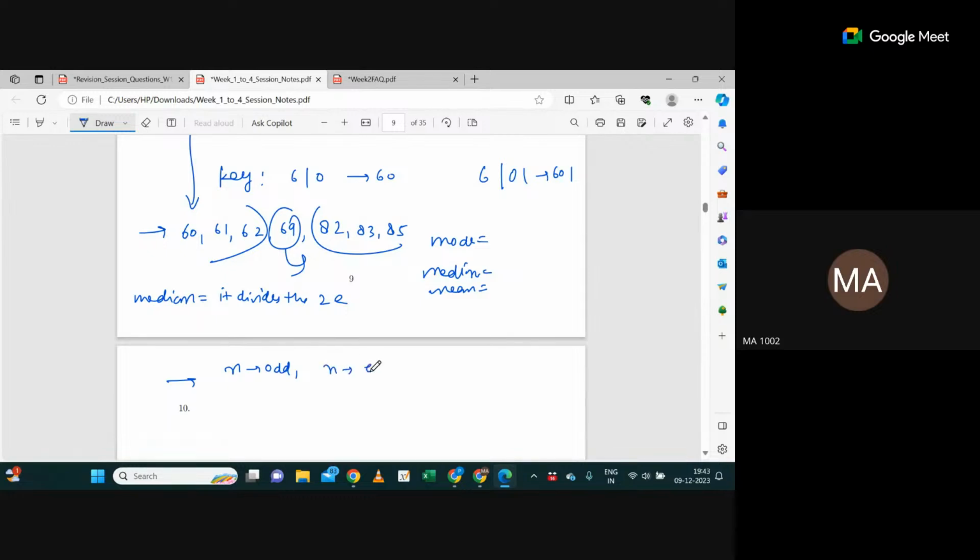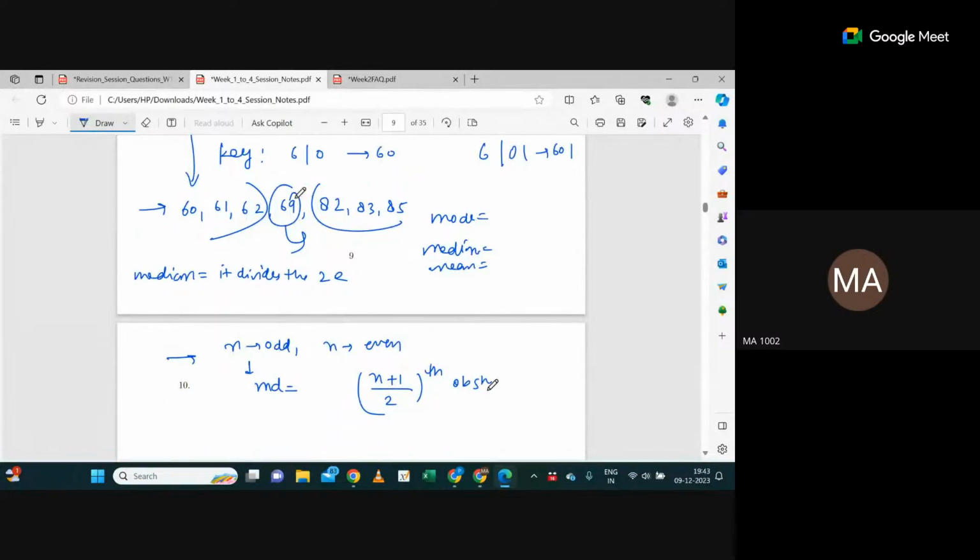If n is odd, the median is the (n plus 1) by 2th observation. How many observations are there here? 7, so 7 plus 1 divided by 2 means the fourth observation. The fourth observation is 69, which is the median.